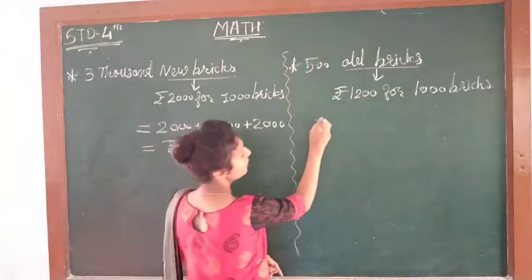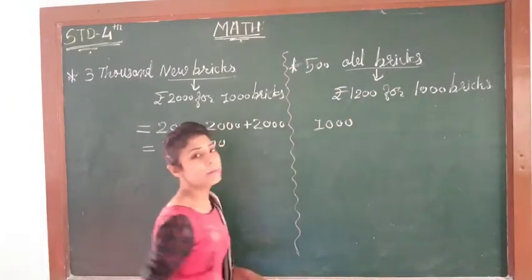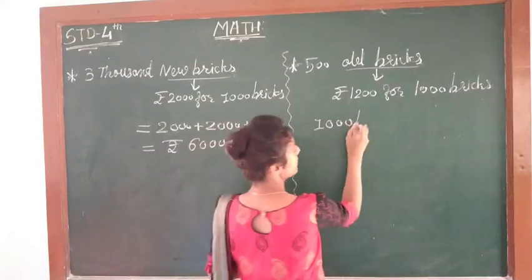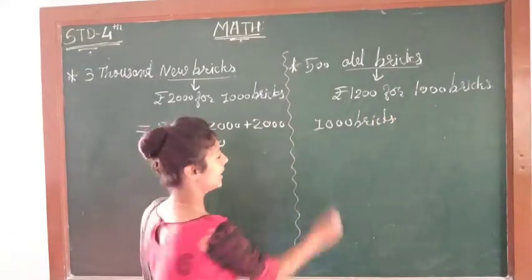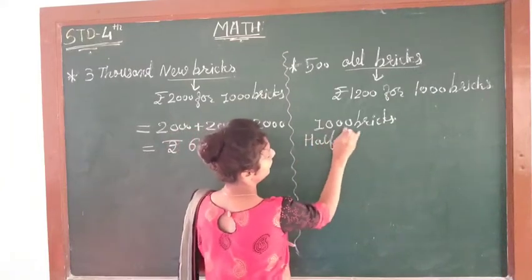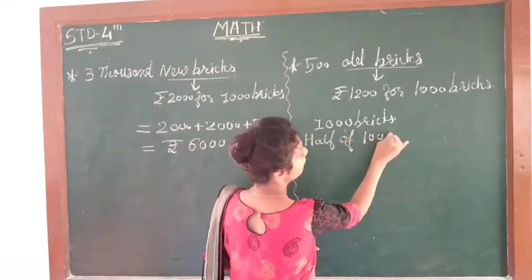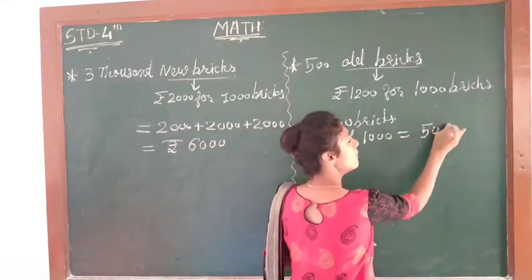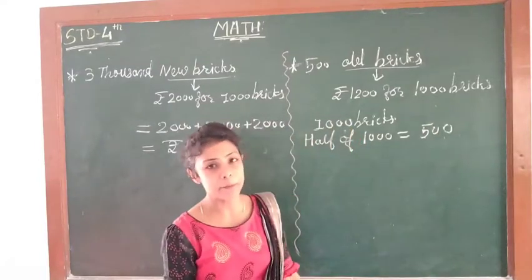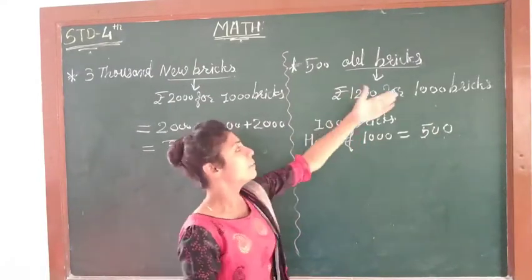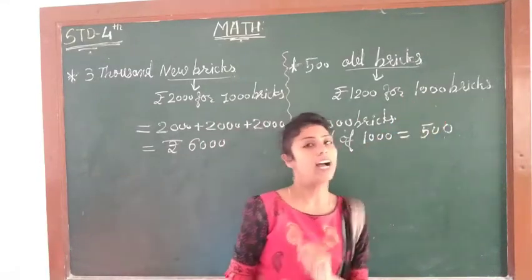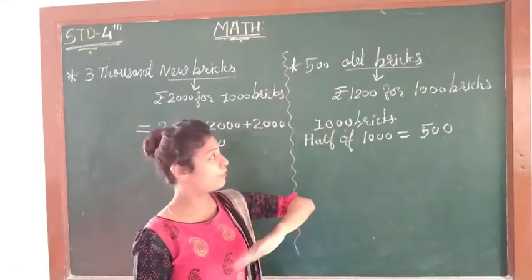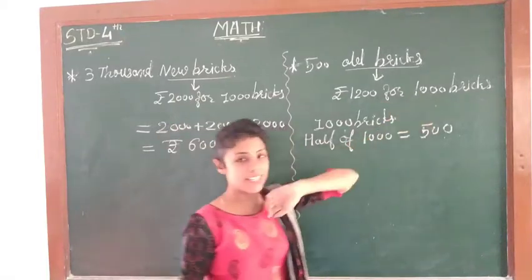So this is 1000 bricks, and half of 1000 is 500. It is very simple. So क्या करना है? Price half कर दो, because he wants only half of 1000 bricks.